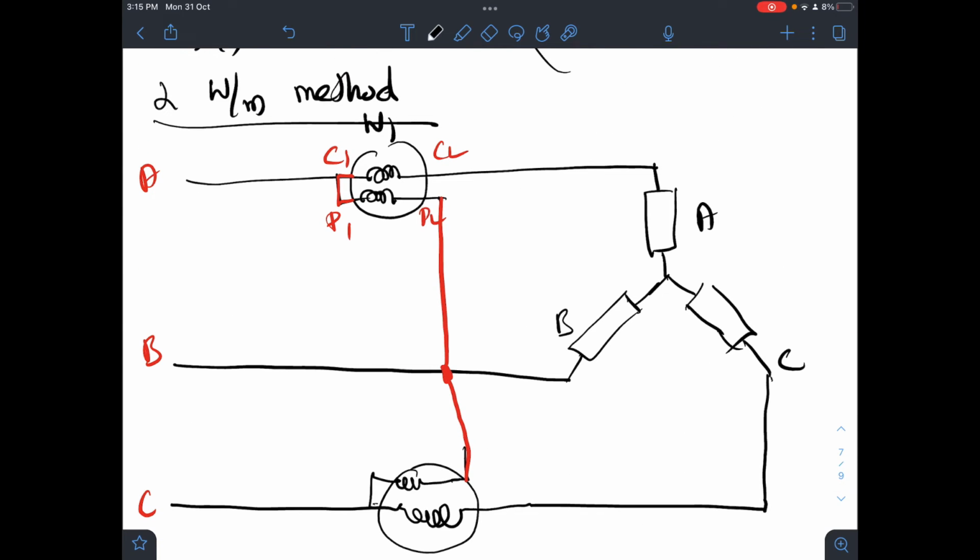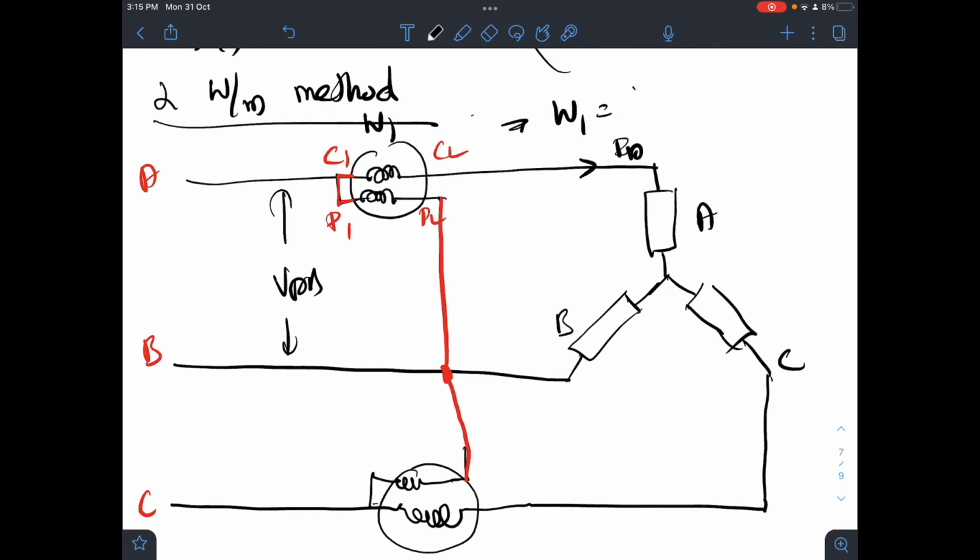Normally the wattmeter W1 will give you a measurement of power corresponding to the current coil carrying a current of IA, and the voltage between A and B applied across the pressure coil. So this voltage is VAB.